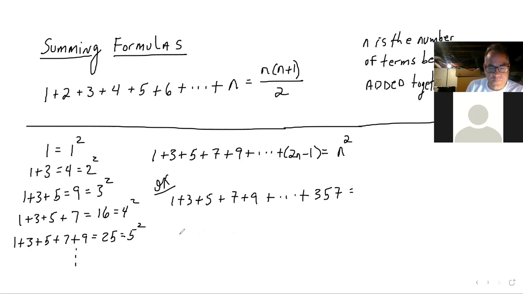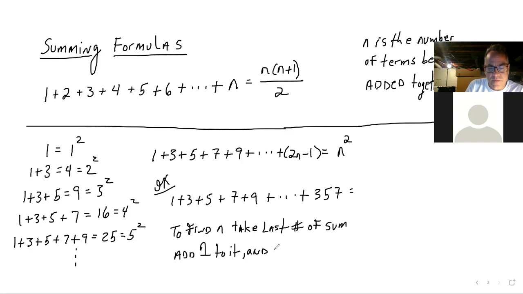So it comes down to finding exactly how many odd numbers I just added up here. To do that, in the case of adding up consecutive odd numbers, we're going to take the last number of the sum, add 1 to it, and then divide by 2, and that will give you n.